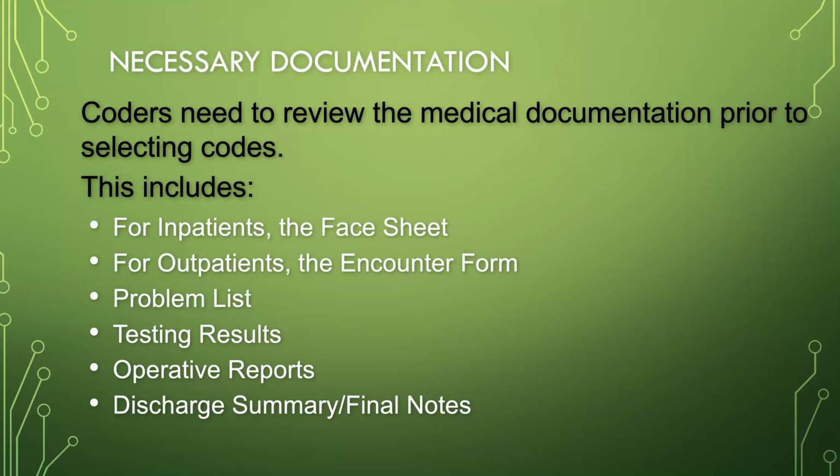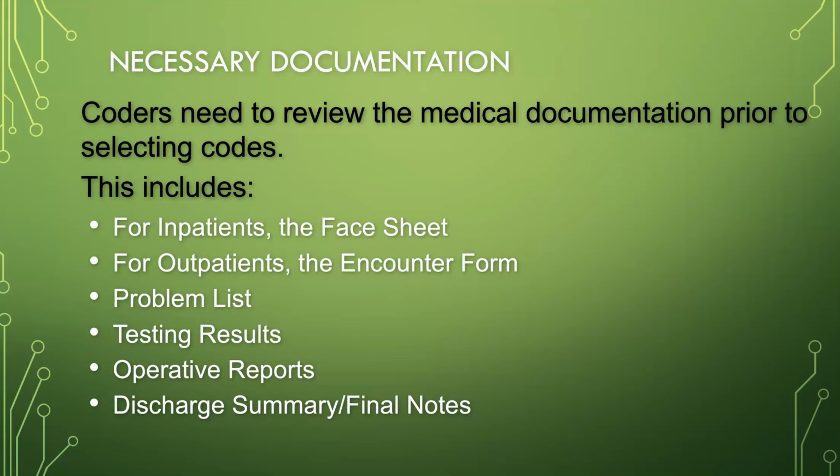If it's a paper record, it's called a face sheet. That's just where the patient information is documented. So we have the name of the patient, the gender, the admission and discharge dates, the discharge disposition, the insurance, a lot of key information, the age of the patient. That's all important because as we start to code, we need to build the story of the patient, and it helps us to understand the patient that we're coding for.